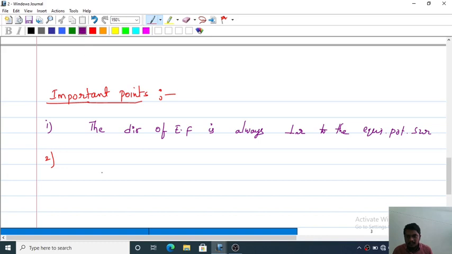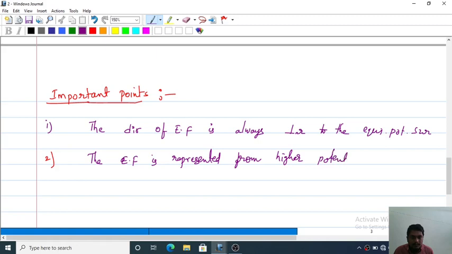The second point is the electric field is represented from higher potential to lower potential.